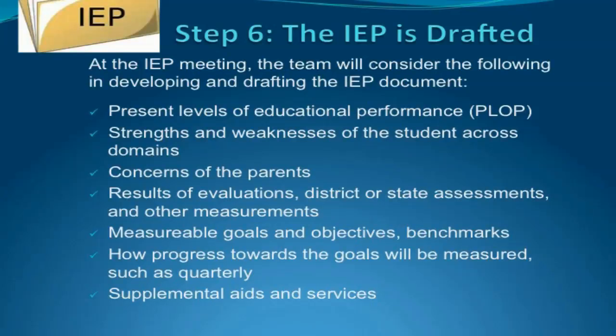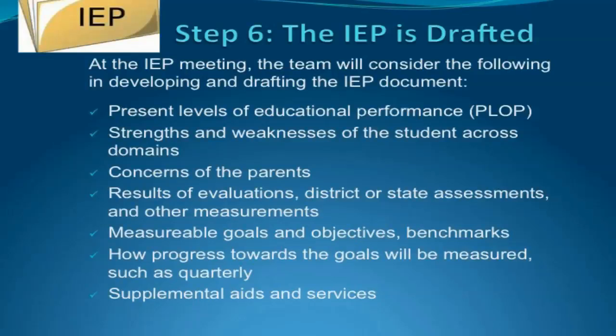Step 6, the IEP is drafted. And when we talk about the IEP, we're talking about the written program, what you get at the end of your meeting in print. So at the meeting, the team will consider the following in developing and drafting the IEP document. They'll consider the present levels of performance for your student, also known as the PLOP.